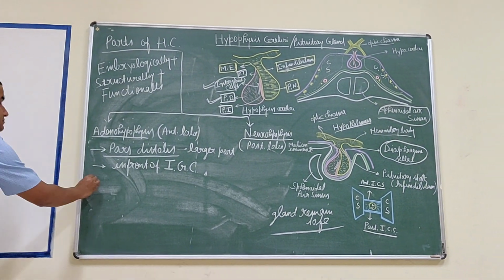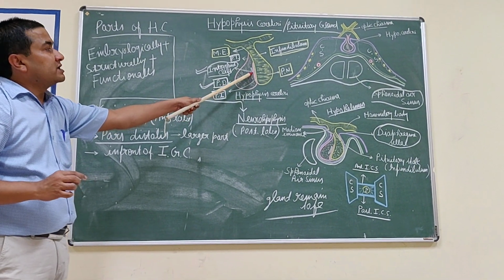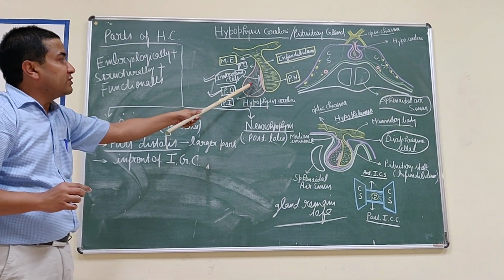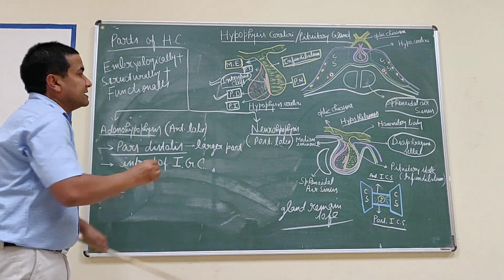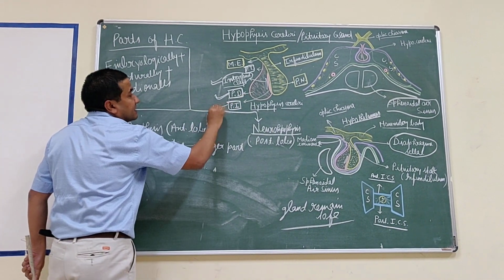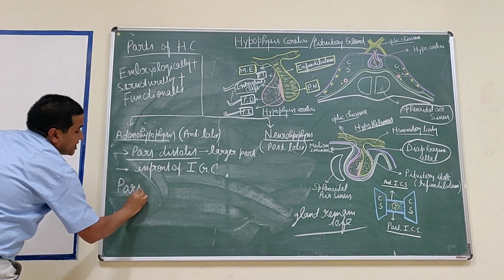Now, a part behind this intraglandular cleft, which is sandwiched between this cleft and the posterior lobe, the neurohypophysis, is the second part, that is the PI, which represents the pars intermedia.